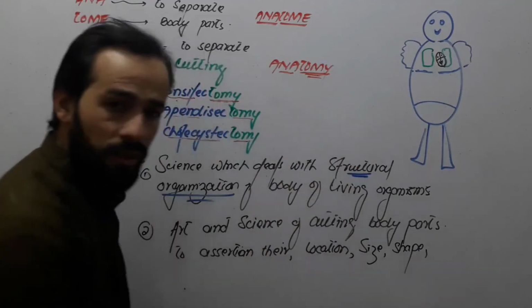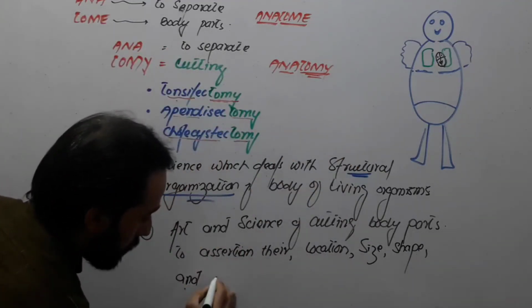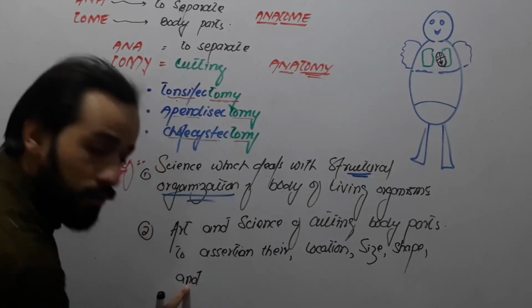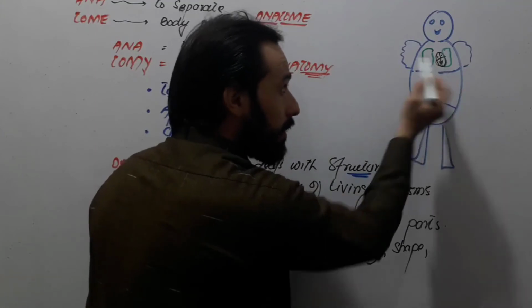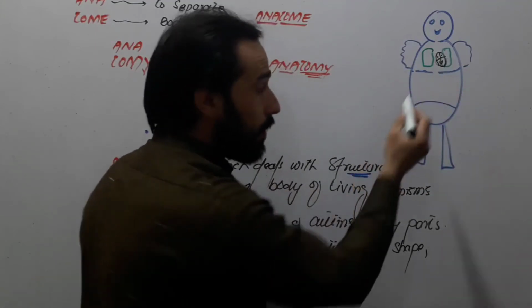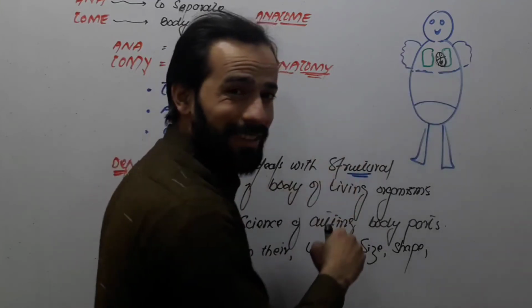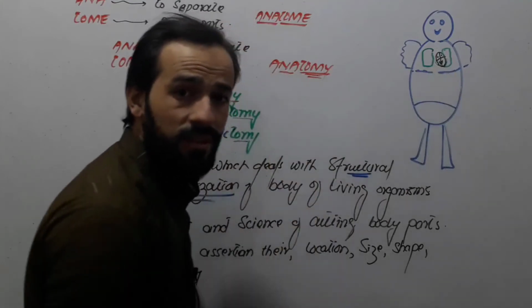We want to know about these, right? And what do we want? Look carefully. Here is the heart. The heart is located in the thoracic cavity. What is the relation of the heart with lungs? What is the relation of the heart with thoracic cavity? What is the relation of the heart with other viscera which are present here, right?